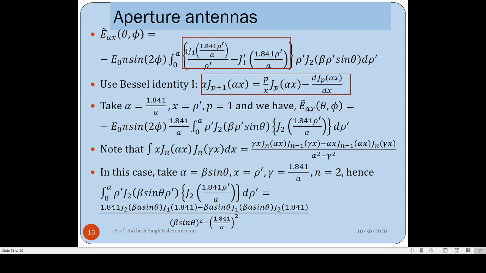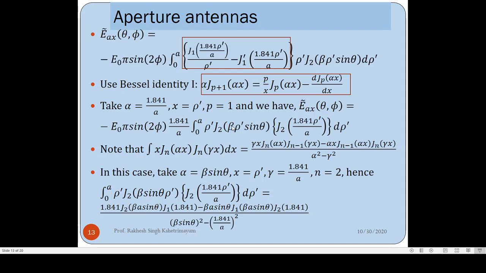I am just expressing this expression in a more compact form like this. These two terms can be replaced by this one term here. In our case, alpha is 1.841 by a and p is 1, so J2 of alpha x, alpha is 1.841 by a, x is rho dash. So we have a more compact expression, with these two terms replaced by one term, which is the Bessel function of the first kind of second order.